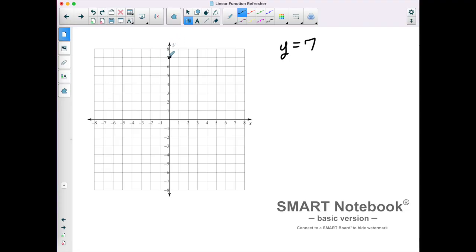Here's a point at 0, 7, but there's also a point at 1, 7, 2, 7, 3, 7, and the y value is constantly 7. The x value might change, but y is still always 7 here. So that's a horizontal line at 7, and it's going through 7 on your y-axis. So that's your hint. It should go through 7 on the y-axis. And we just have a horizontal line there.